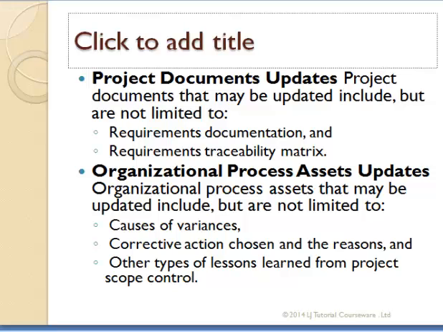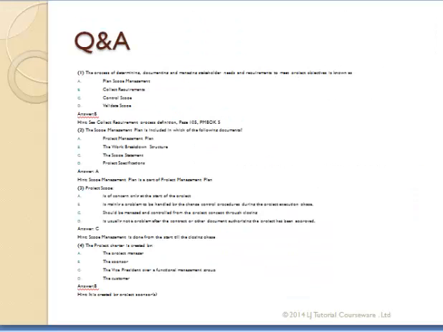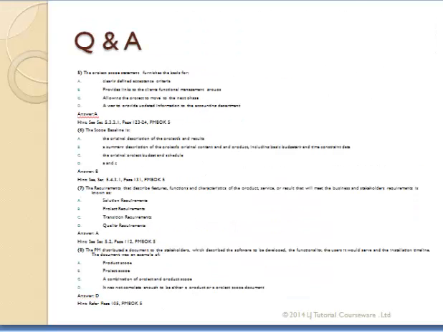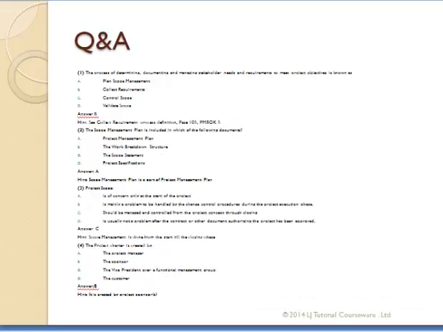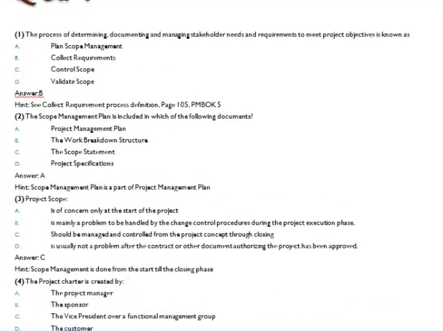So now let's look at some sample questions. Oh, it's too tiny. Let me zoom on it. Okay, the process of determining, documenting, and managing stakeholder needs and requirements to meet the project objective is known as: plan scope management, collect requirements, control scope, validate scope.